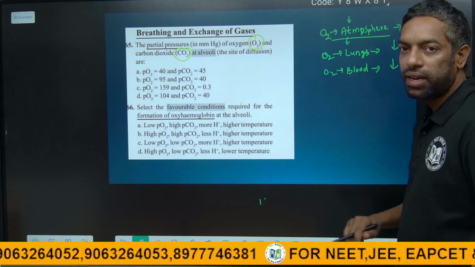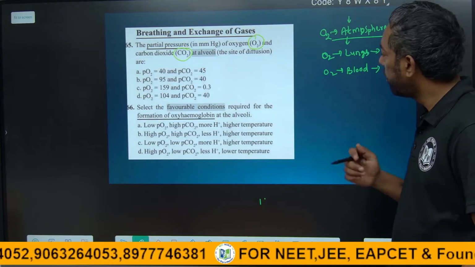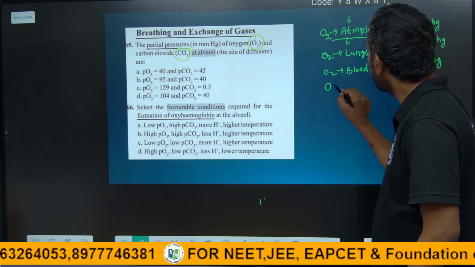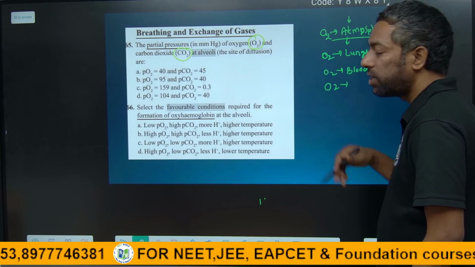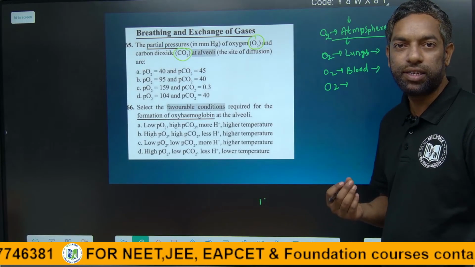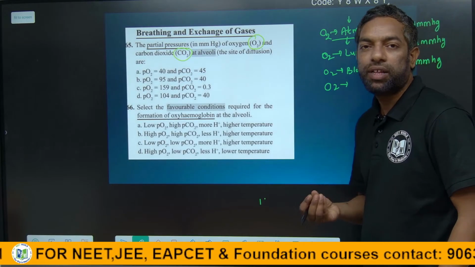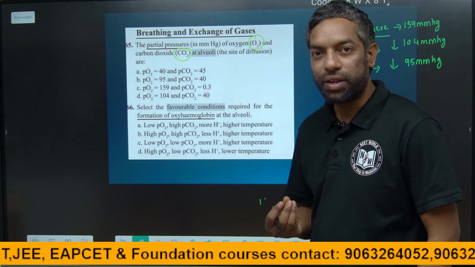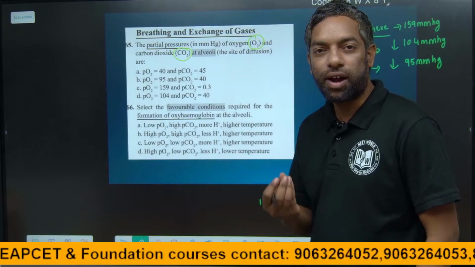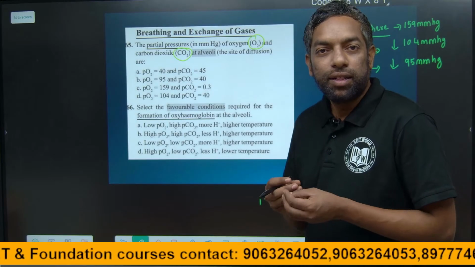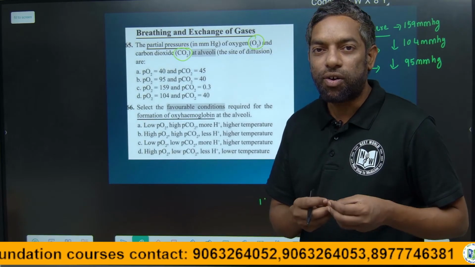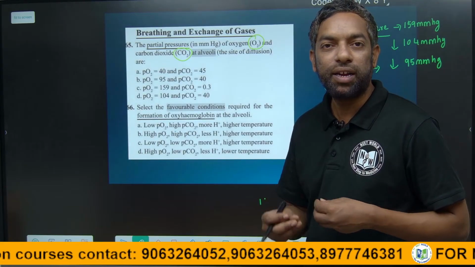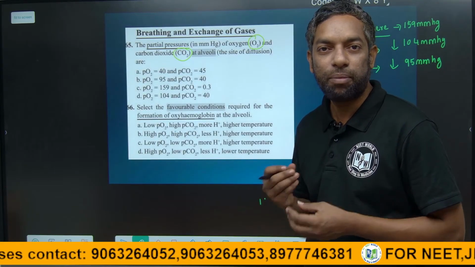This blood carries the oxygen to the tissue. The tissue utilizes the oxygen for metabolic activity and releases energy; oxygen acts as a fuel, like the tissue uses the oxygen to break the food particle and release the energy in the form of ATP.